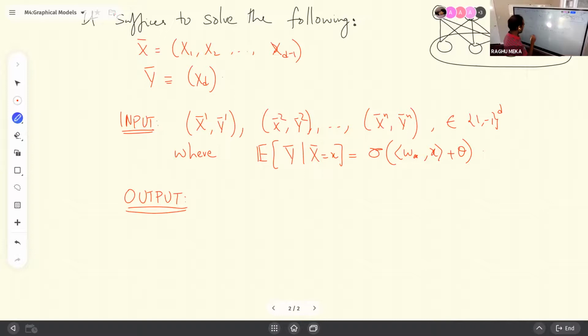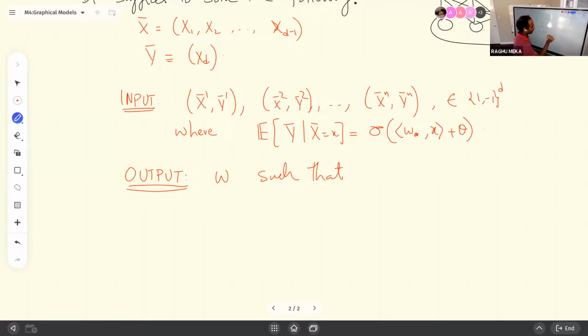So output W such that you minimize some kind of loss function. You can take all kinds of loss functions. One of the most natural ones is to take the squared loss. Let me write it down here.